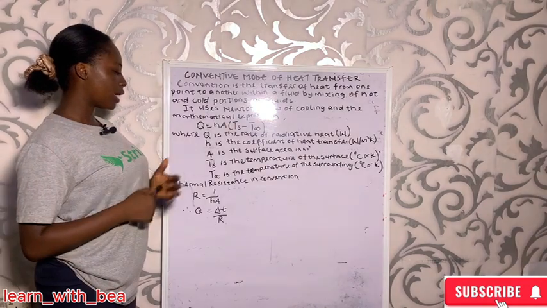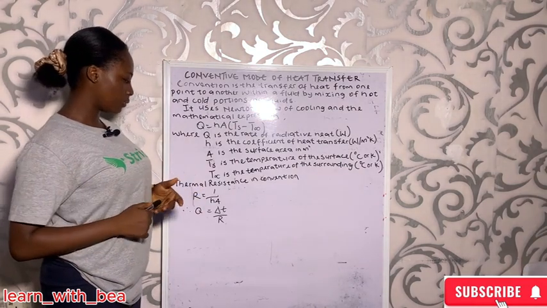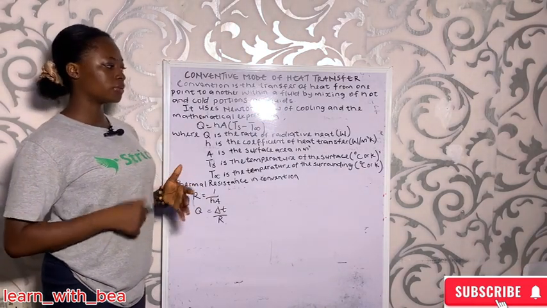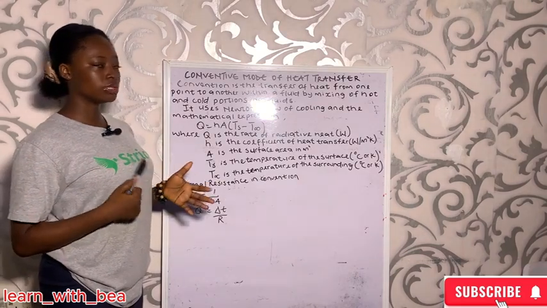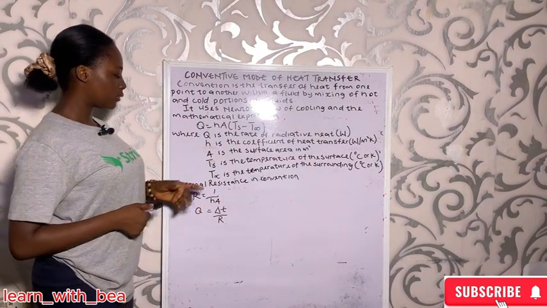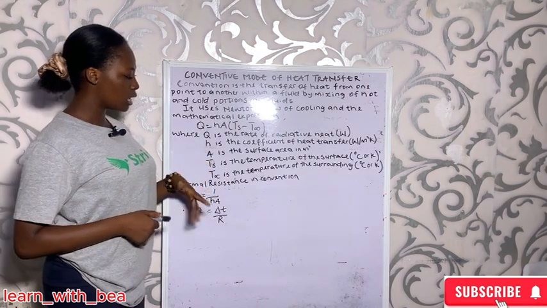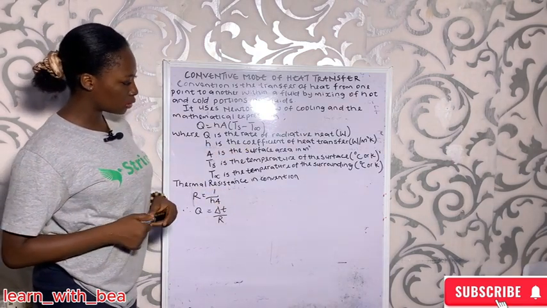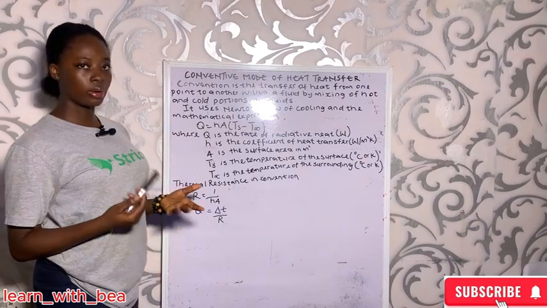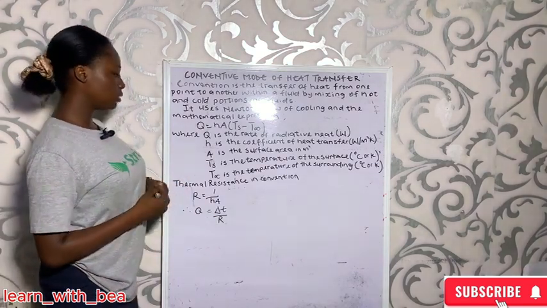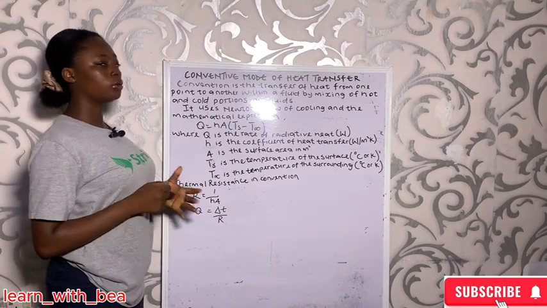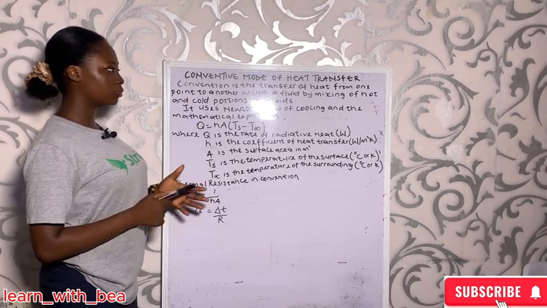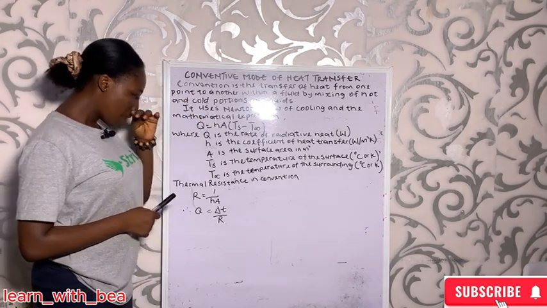Our A is the surface area in meter square. Our Ts is the temperature of the surface, which can be in degrees C or in Kelvin. And our T infinity is the temperature of the surrounding, which can be in degrees C or Kelvin too. So basically, this is the formula that I'll be using for convection.